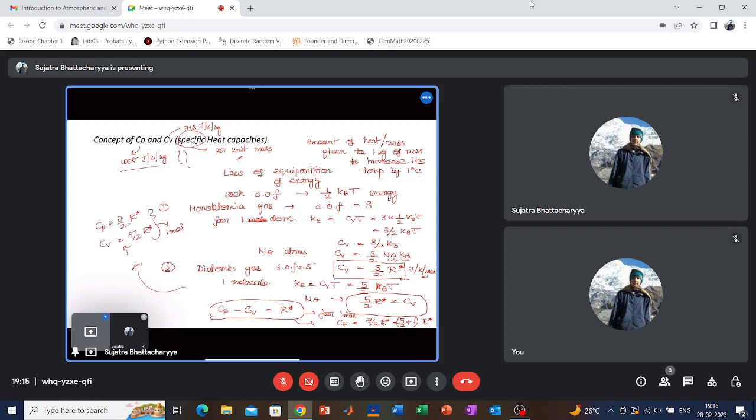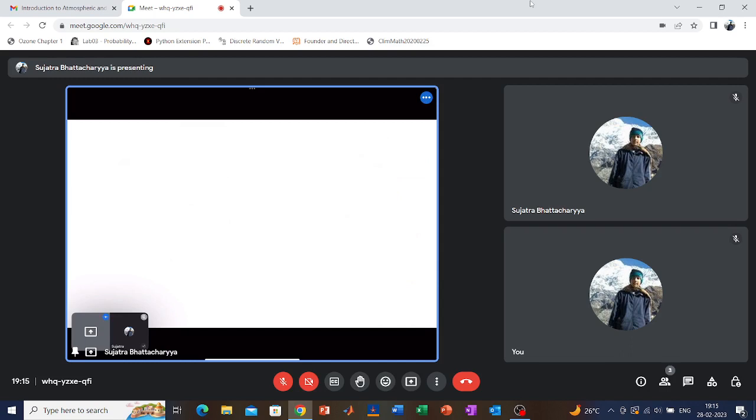Okay. Now for dry air, we know that the atmosphere consists of dry air and vapor. So for dry air, Rd becomes R star by Md, right? Now Cpd, earlier it was joules per Kelvin per mole, per unit mole, but now it is per unit kg, specific.